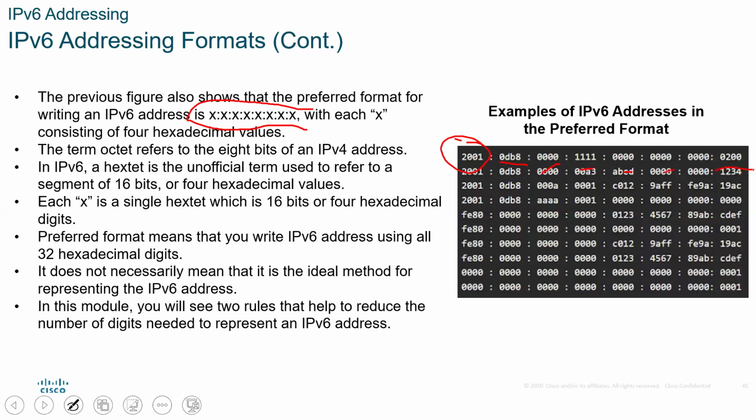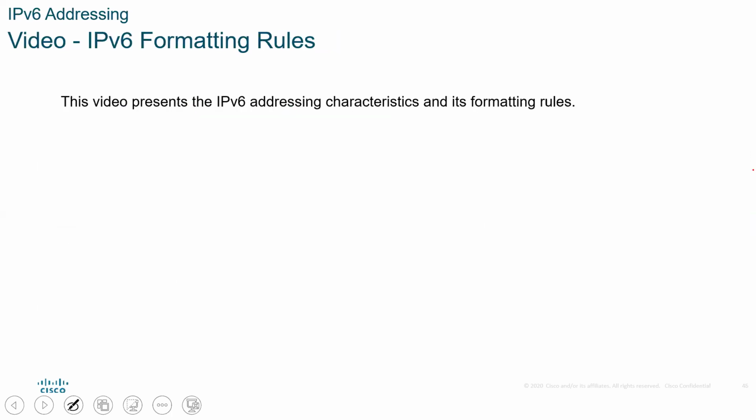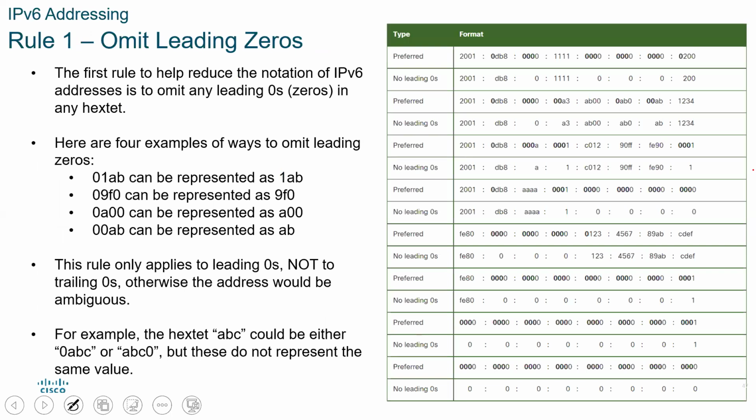Now, there are ways that you can make it look even easier. There are 3 rules that will help us represent and understand how IP version 6 works.